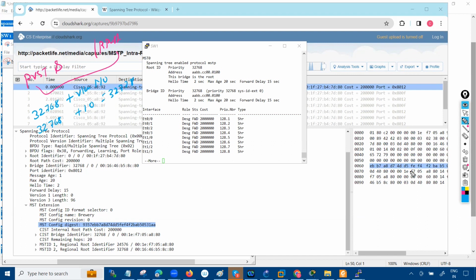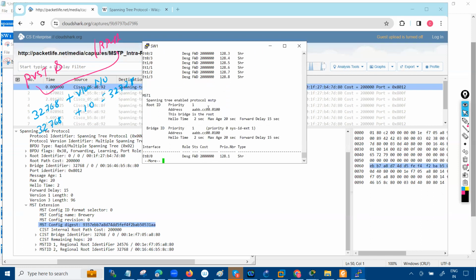So we are adding the VLAN number. But in the MST protocol, what happened? We are not adding the VLAN number. Can you see that? For MST 0, 32768. For MST 1, 32769. Sorry, the priority is what?